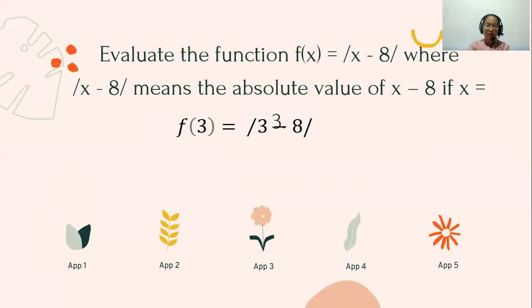So we have f of 3 equals the absolute value of 3 minus 8. 3 minus 8 is equal to negative 5, and finding the absolute value of negative 5, we have f of 3 is equal to 5. Sorry for the typographical error. Again, that is equal to 5 and not negative 5.